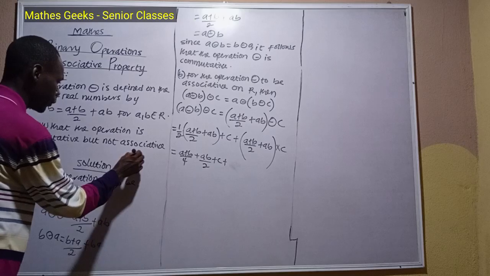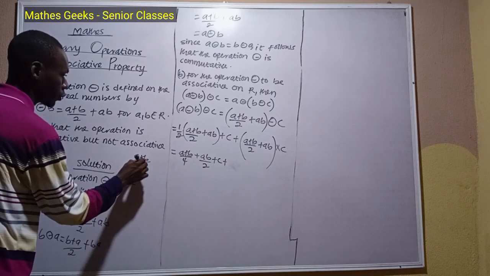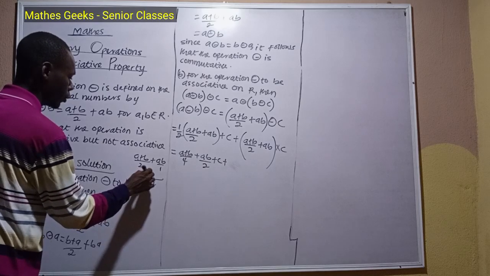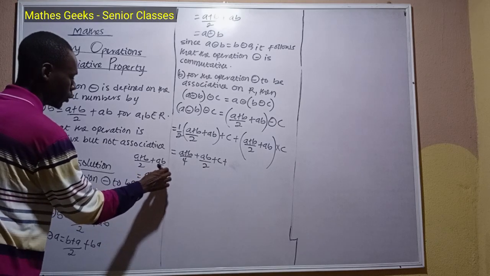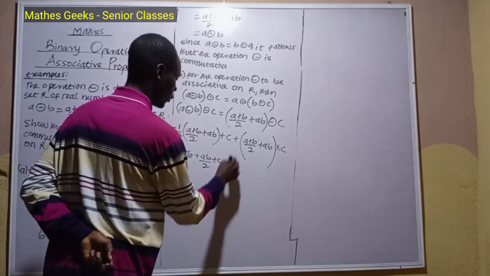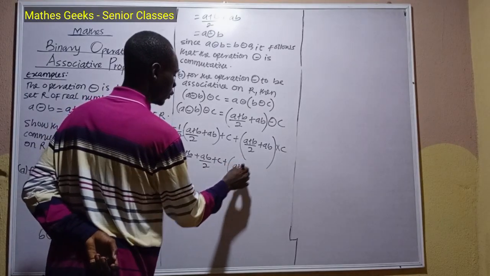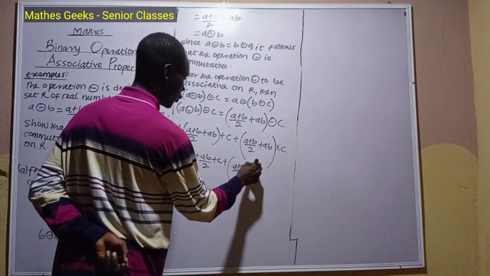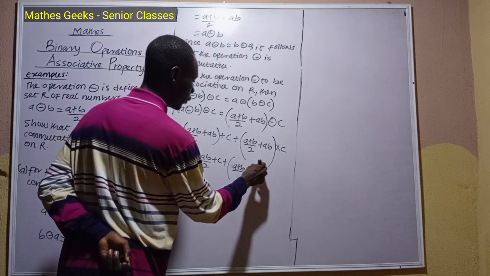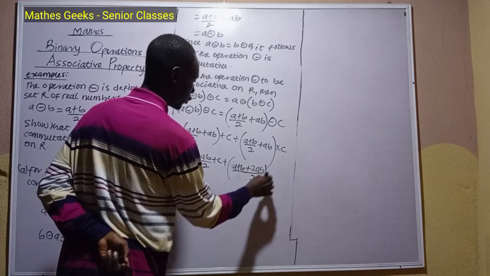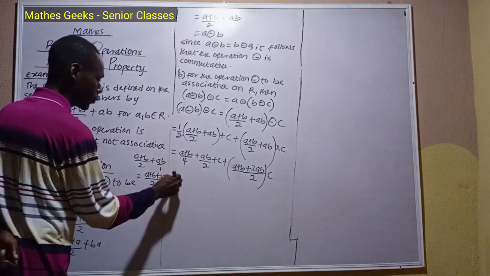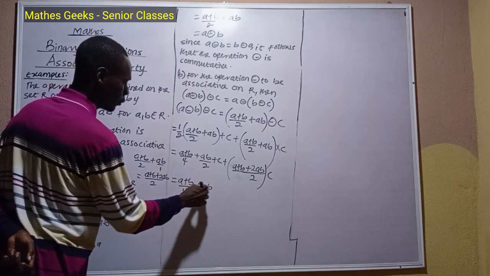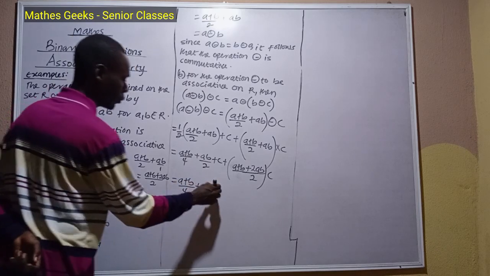A plus B over 2 plus AB, and since 2 is the common denominator, this is A plus B plus 2AB over 2. So this will give us A plus B plus 2AB over 2, over 2, and C. And this will be A plus B over 4 plus C.